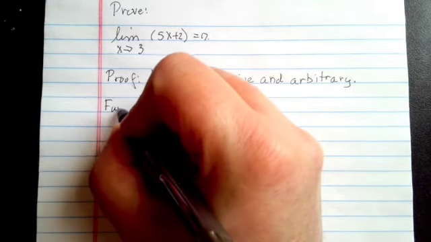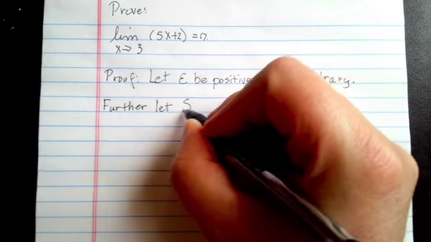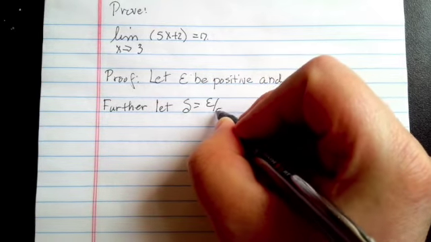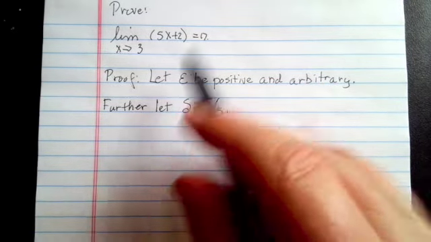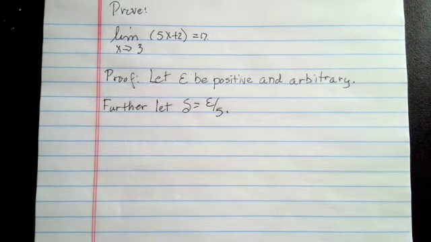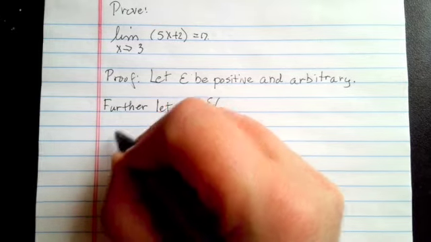Further, let delta equal epsilon over 5. If you need a refresher on how all this works, there is a video in the chapter 1 videos that explains what's going on here with these limits and these epsilons and deltas. Okay, so now we start out this way.